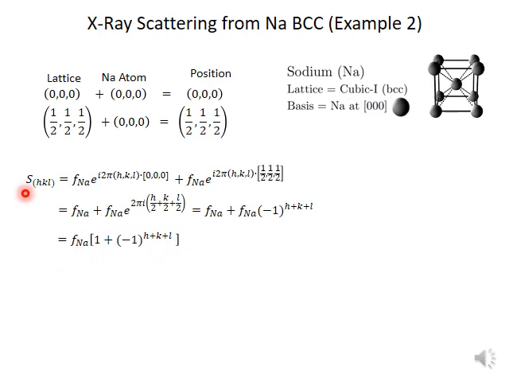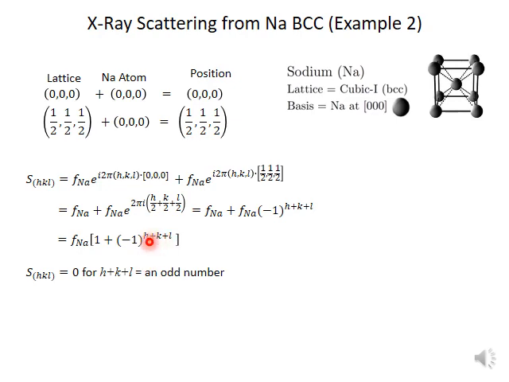Now this overall thing gives you the structure factor for a certain combination of HKL, which includes the atomic form factor, let's say a certain number, multiplied by this thing. So you can see the situation is a bit different now.